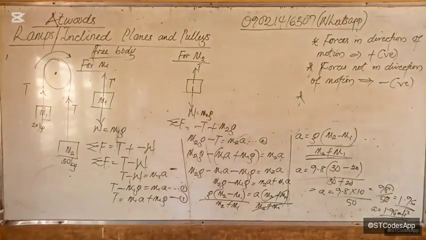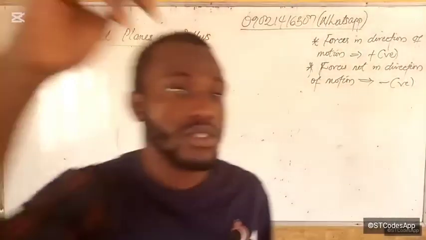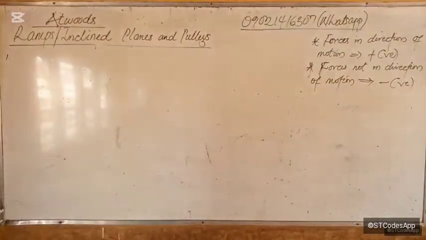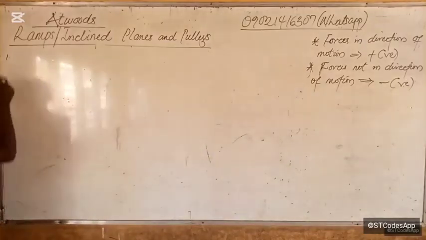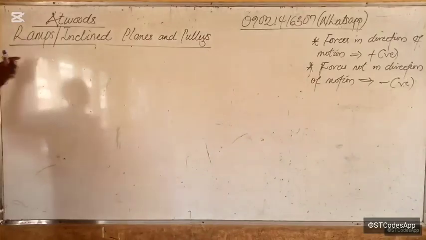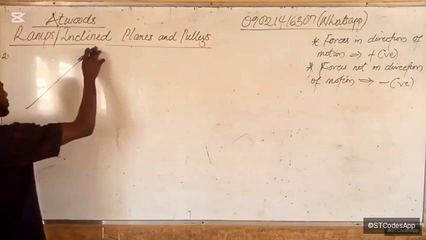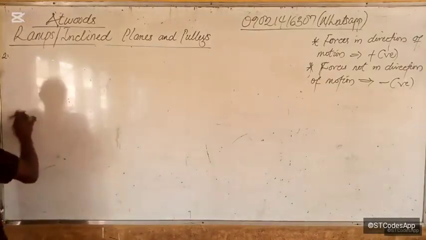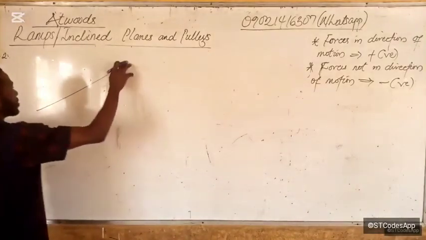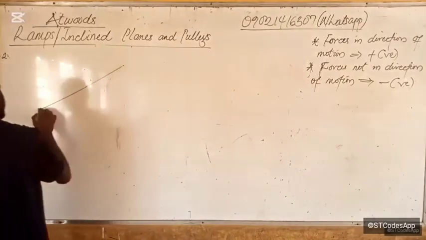Let me clean the board. Okay, so the second type of system you might be given is an inclined plane or a ramp. So we are given a ramp here like this. Let me make it well inclined.